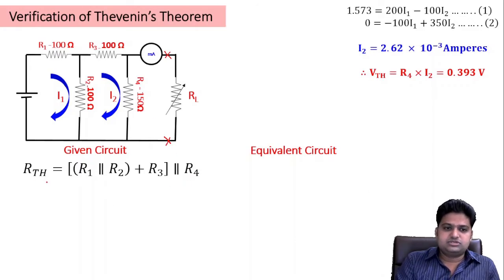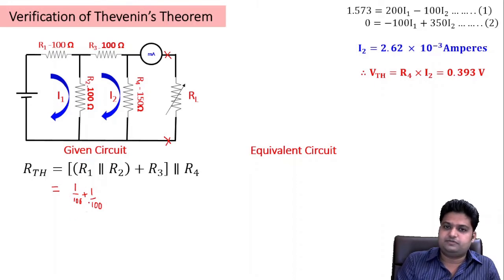If you just recollect your basics, how will you write R1 parallel to R2? You will write 1 upon 100 plus 1 upon 100. Am I right? What is 1 upon 100 plus 1 upon 100?